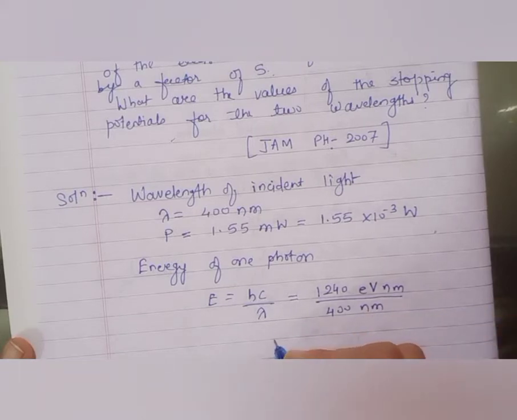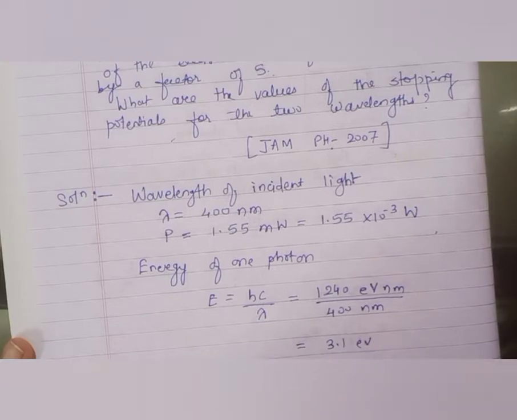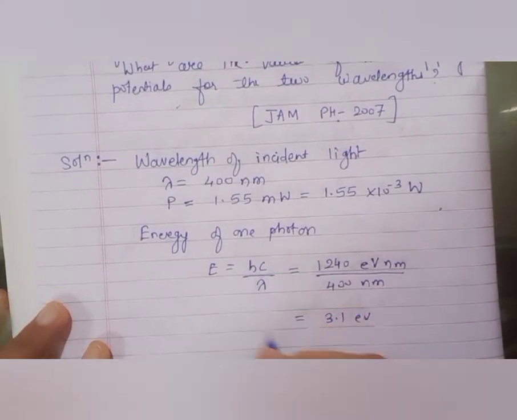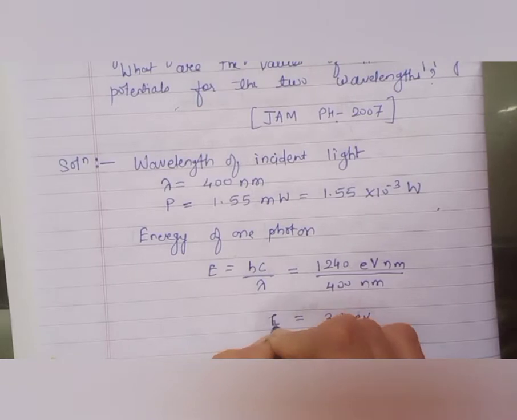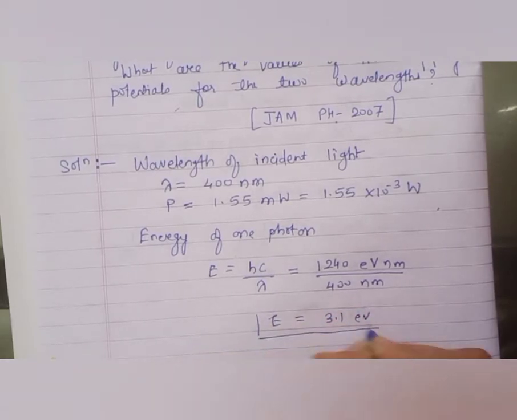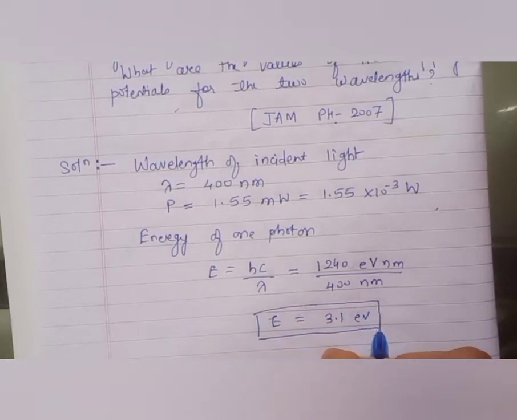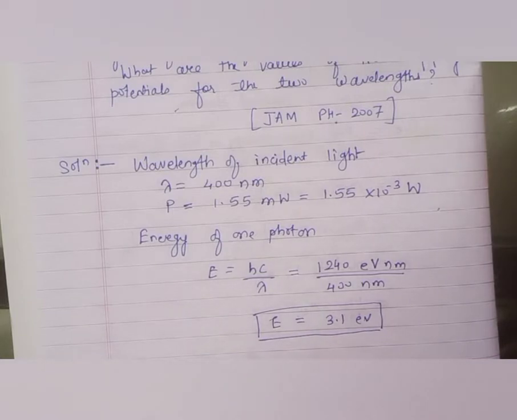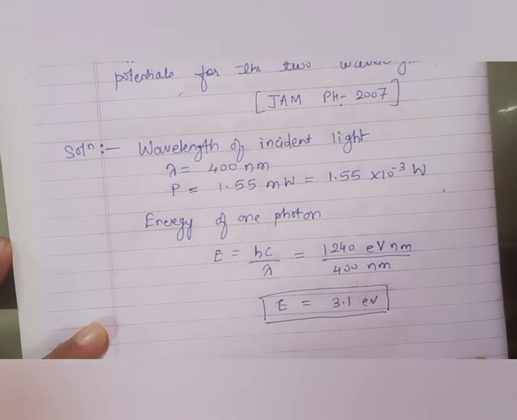If you calculate this, it comes out to be 3.1 electron volt. So the energy of one photon is 3.1 electron volt. This is the value which we got. Now we have to find the number of photons falling per second.